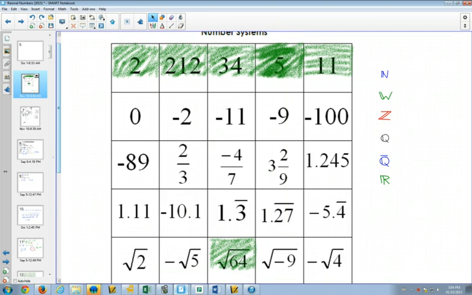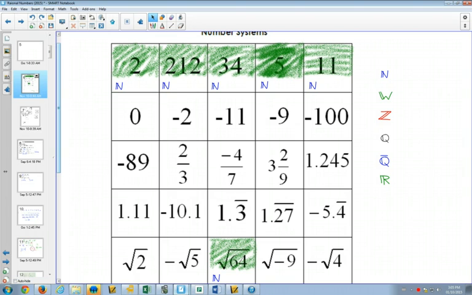After you have colored the 6 that are natural numbers, put a little letter N in the bottom corner for each of them. That way you've labeled that each of these are natural numbers.